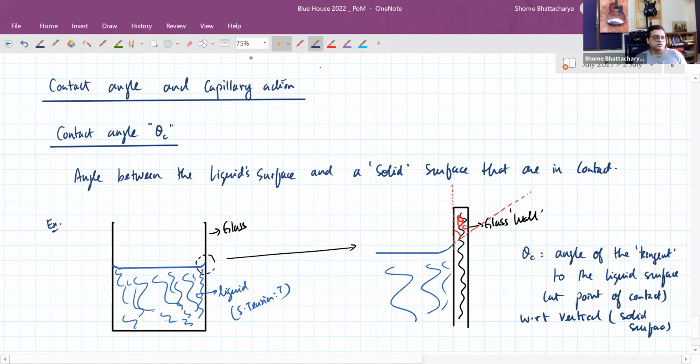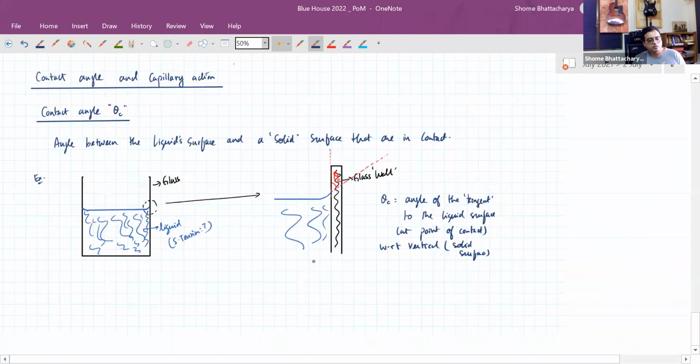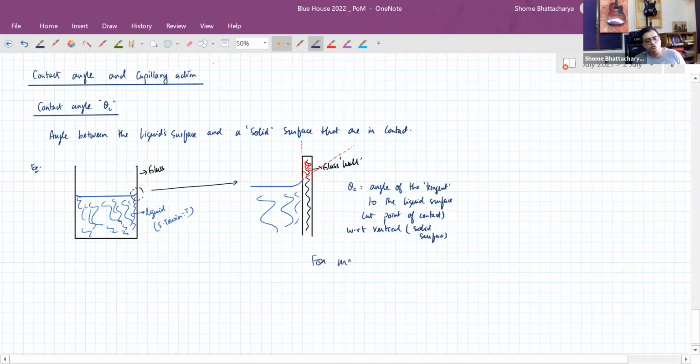Now this occurs. So typically for most liquid solid interfaces, like this, the contact angle will be less than 90 degrees. Okay, but there are exceptions.